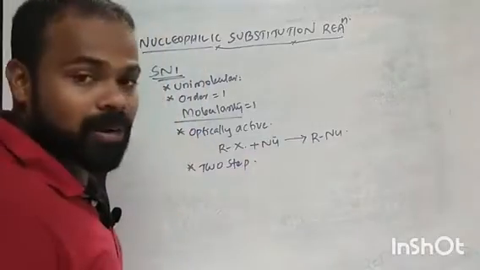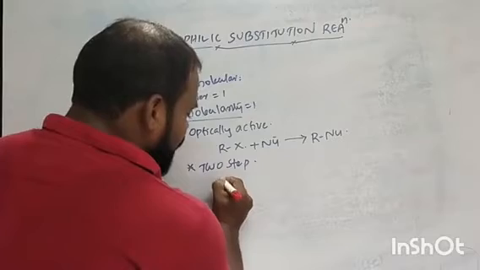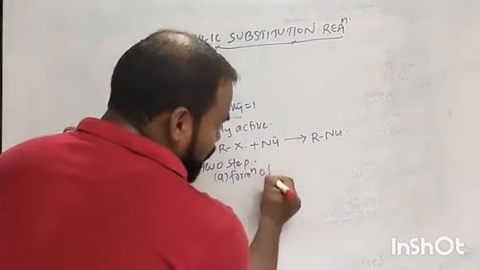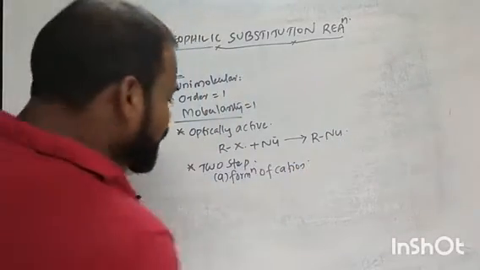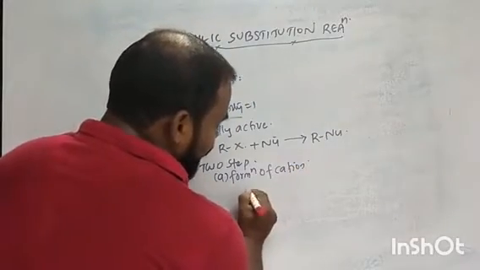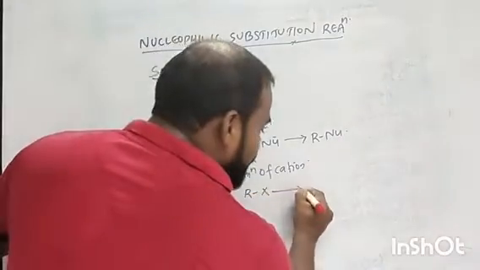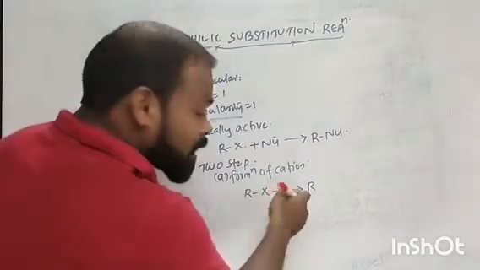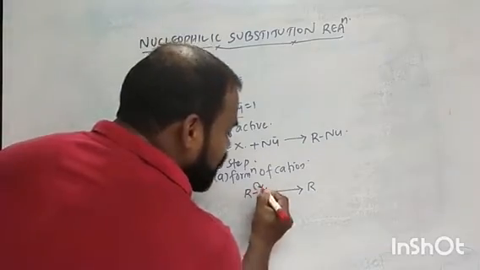How can it occur? What is the meaning of these two steps? Number one, the formation of a cation. Listen here, I have taken RX. First, this RX will be converted, and the halogen X acquires the negative charge, taking the bond electrons.